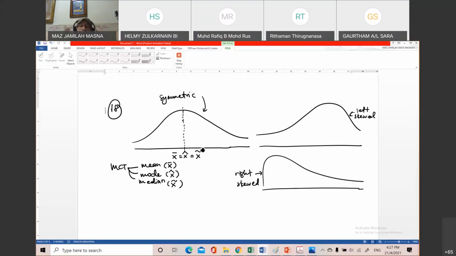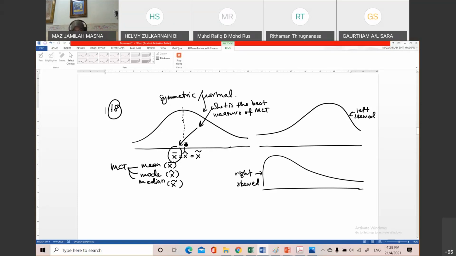That's why we call it as measure of central tendency. So for symmetric or normal distribution, what is the best measure of central tendency? The next question: what is the best measure of MCT among the three? Remember class, the best will always be the mean.